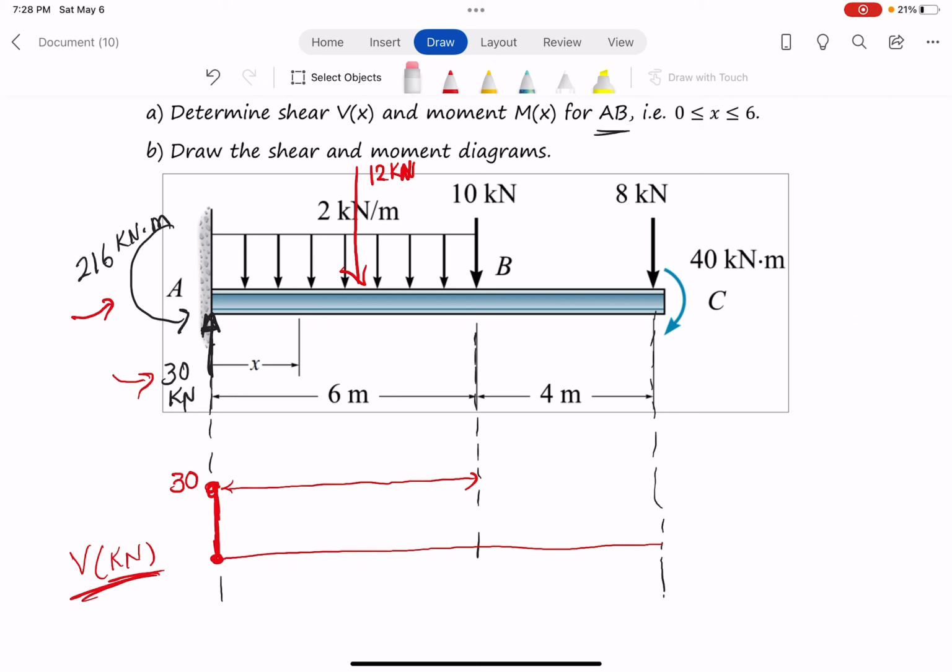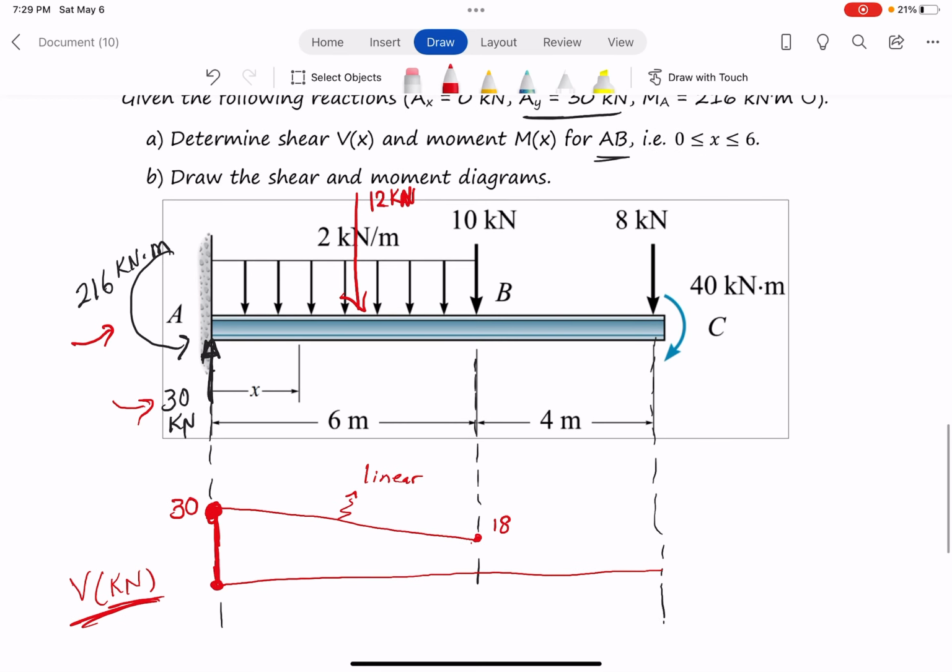Here it's 30, and here it will be 18. And since the load is uniform, the shear would be linear. It's not curved, it's linear.